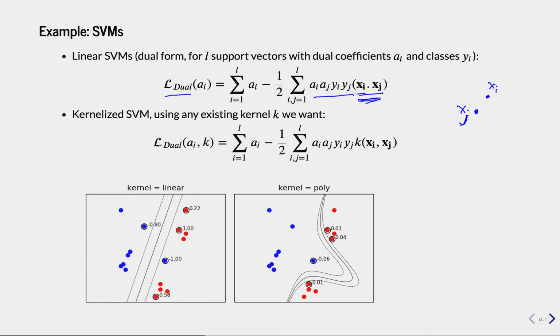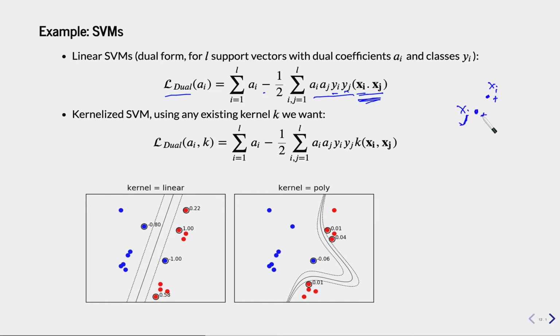Now, if those 2 points have the same class, say that they're both positive, then their signs will be both positive, this will be negative, and the loss goes down. So that's good. If you have points close together which are both of the same class, the loss goes down.